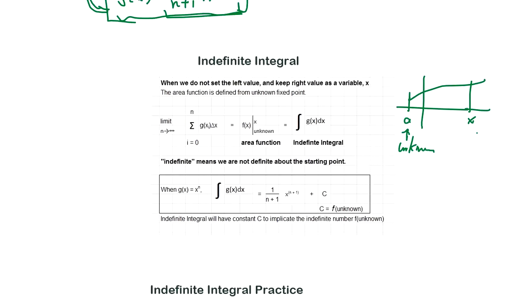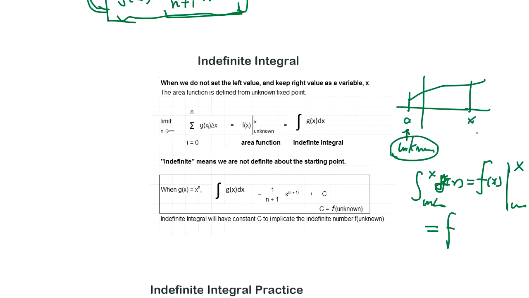Okay, so since this is unknown, the integral from unknown to x of g(x) is f(x), but there is an unknown, which is f(x) plus an unknown value.